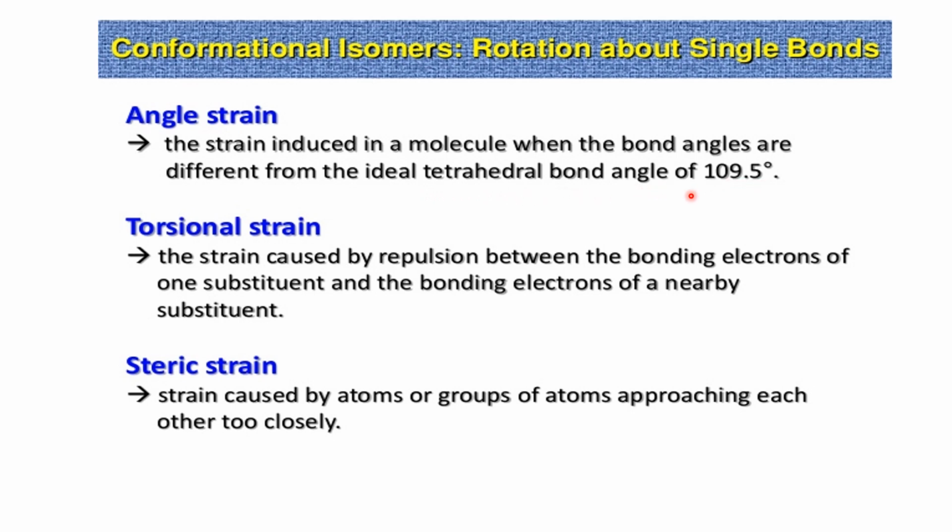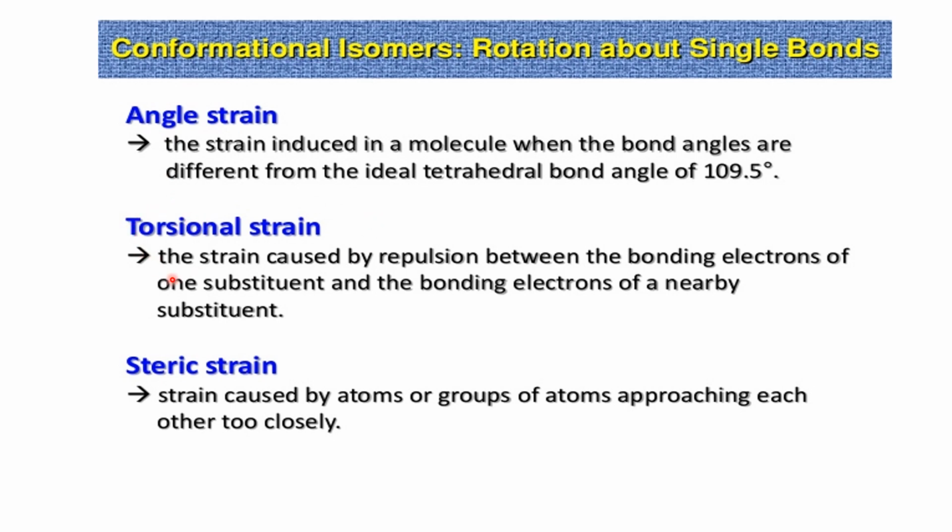We know the majority of saturated hydrocarbons are tetrahedral in shape. Hence, their bond angle should be 109 degrees 28 minutes. If there is any change in the bond angle, it causes a strain to the molecule, and that strain is called the angle strain. The second strain is the torsional strain.